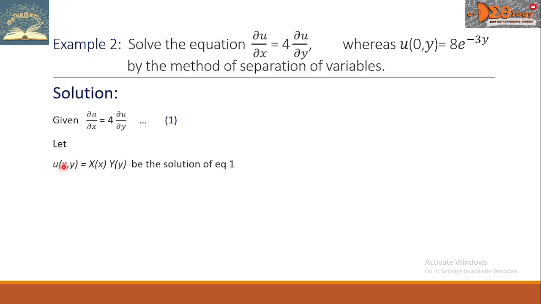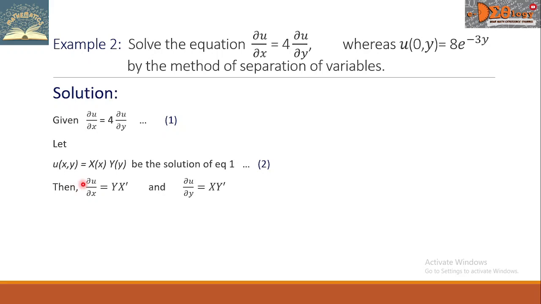Next, we let u of x, y equals capital X of small x times capital Y of small y be the solution of equation 1. So we regard this equation to be equation number 2. Next, we will take the partial derivatives respectively.